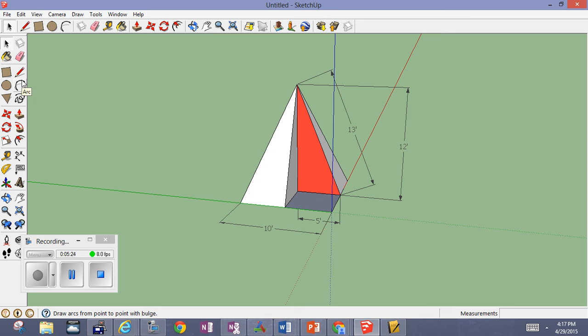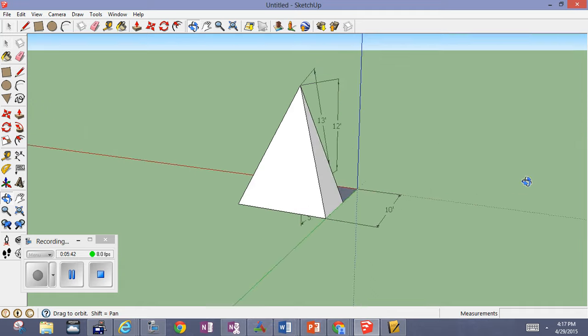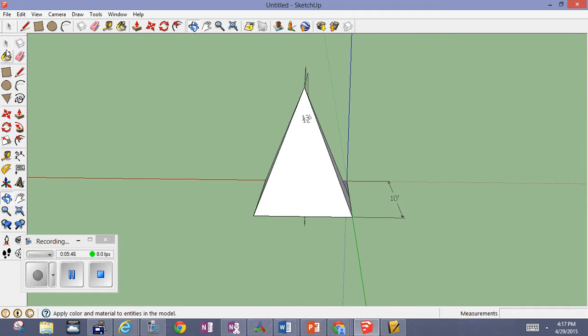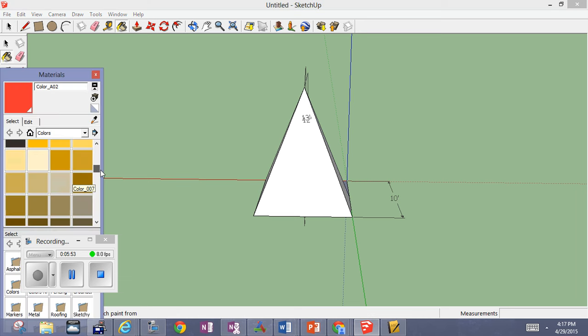Now, the formula for the lateral area of the pyramid is the perimeter times the slant height. Let's show you. Let's pivot this around so that I can find the area of just this one triangle.